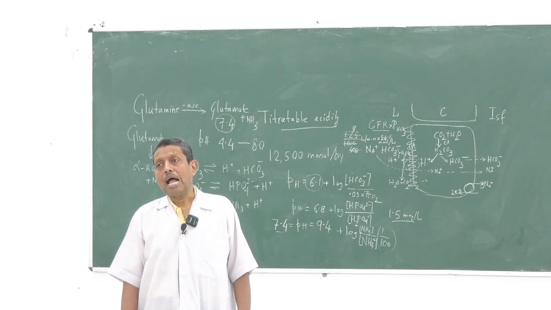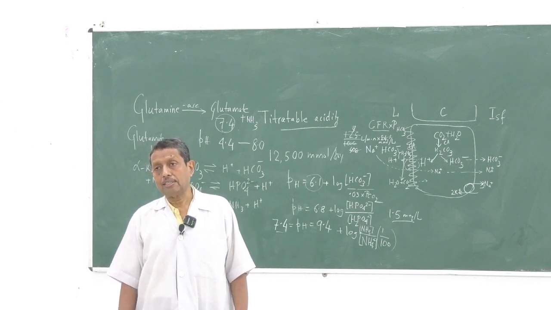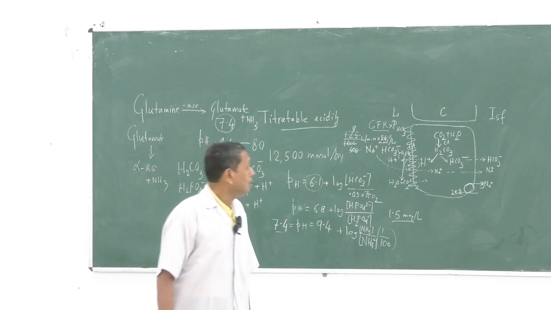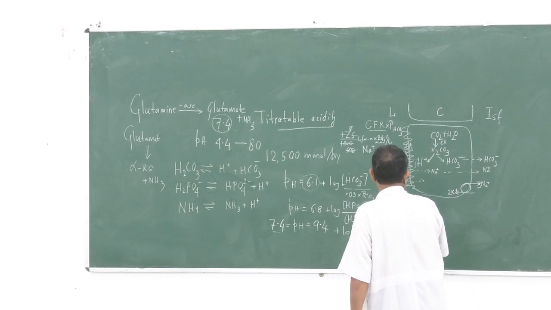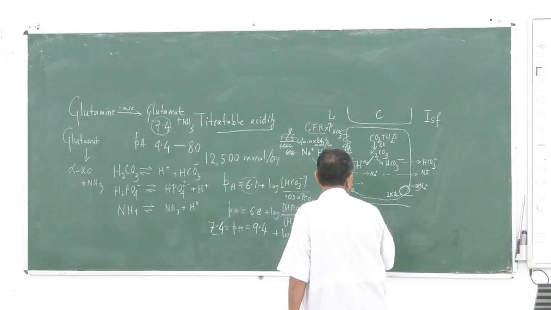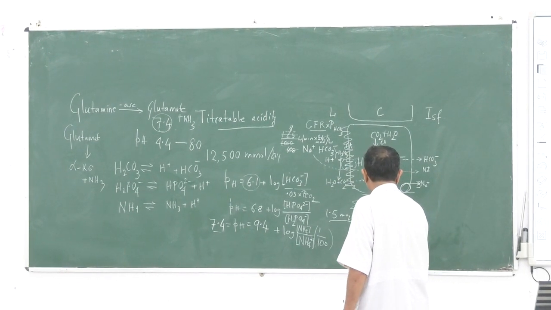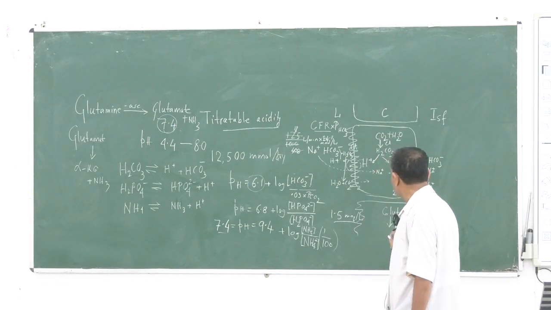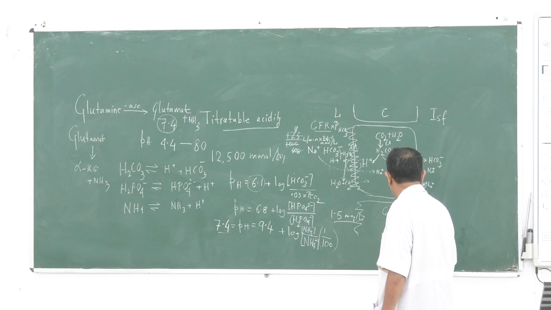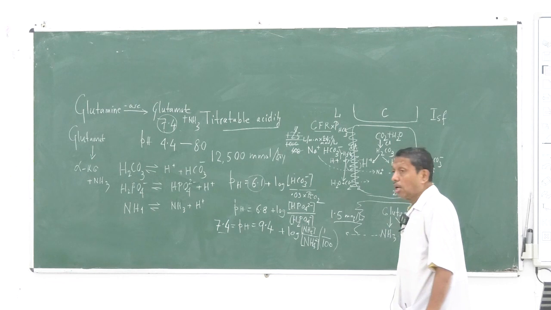In the proximal tubule and also in the distal nephron, hydrogen ion is secreted by the alpha intercalated cells of the collecting tubule, collecting duct. And in that condition, whether it may be the proximal tubules and from glutamine, glutamate and NH3 are produced, and NH3 can come into the lumen and it can move to interstitial fluid.